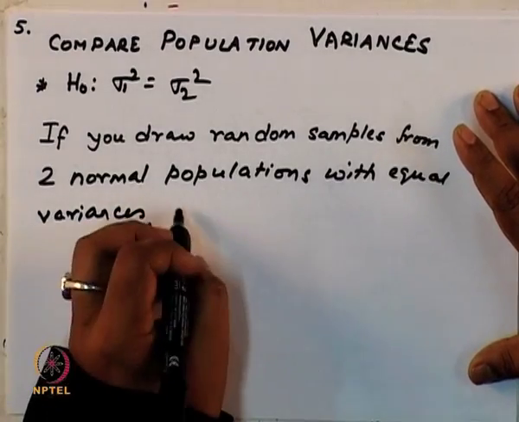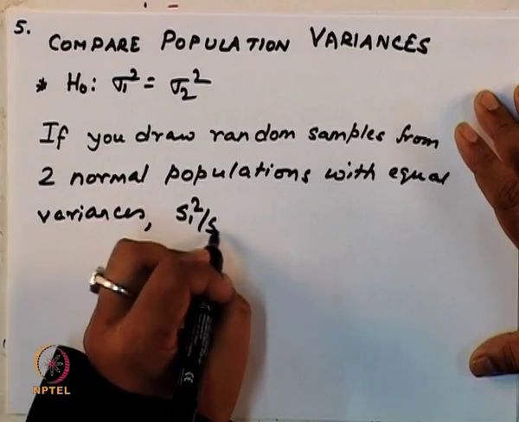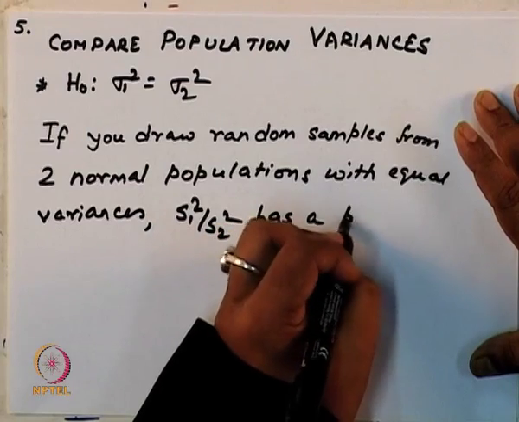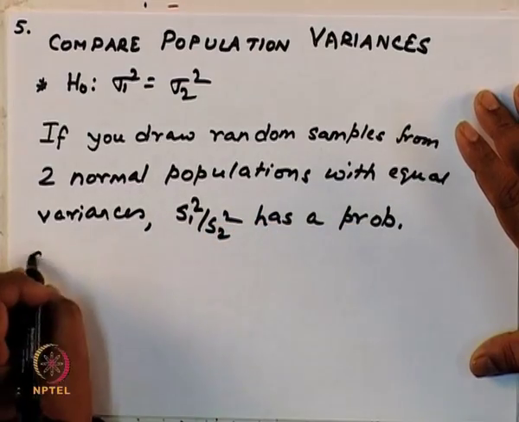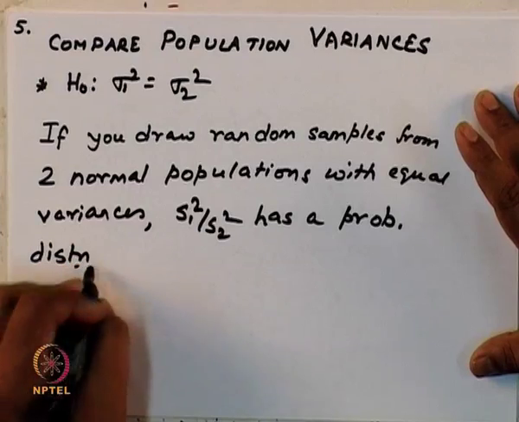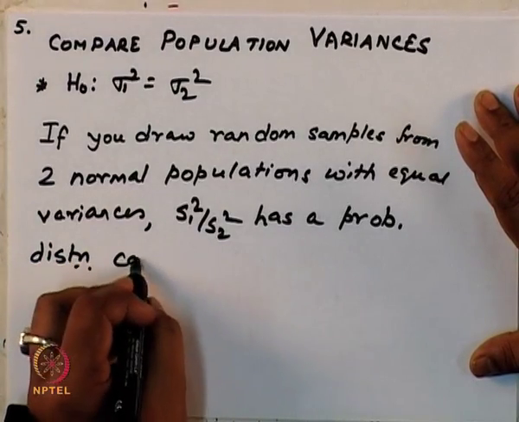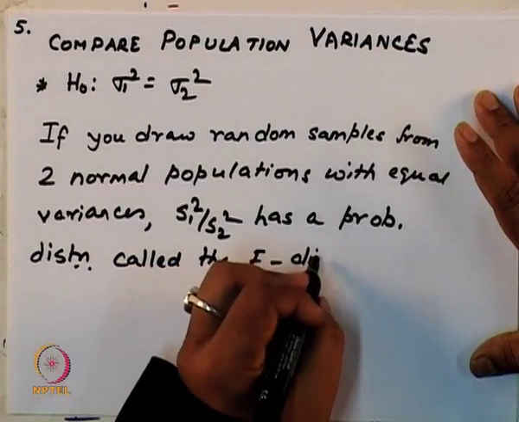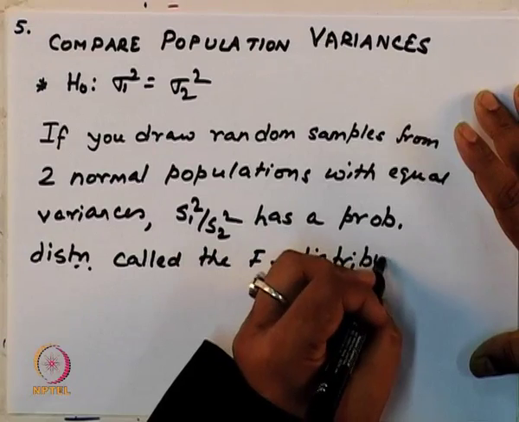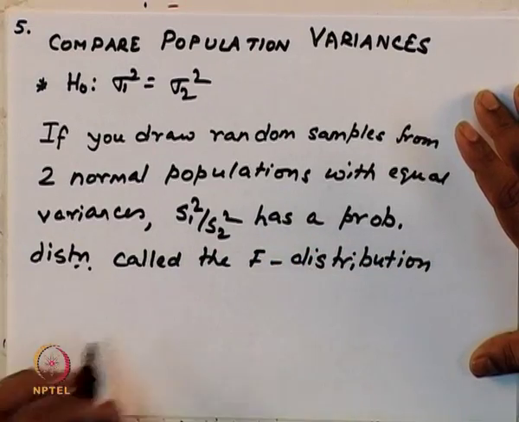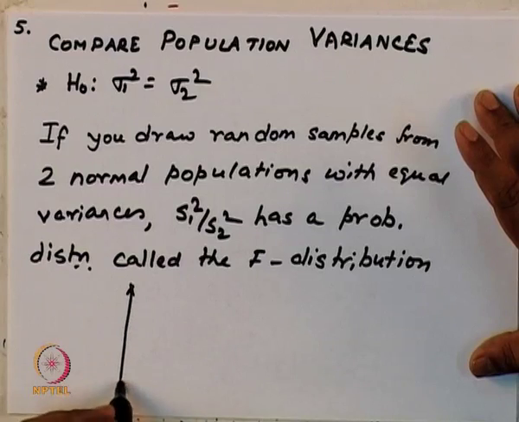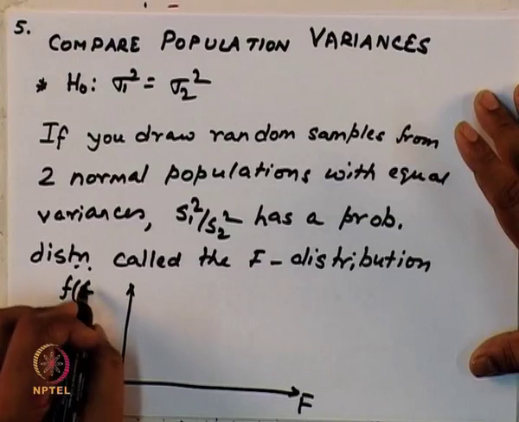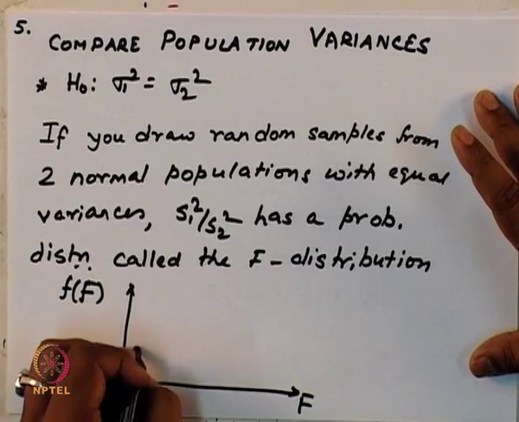Then the metric S1 square by S2 square has a probability distribution called the F distribution. Your F distribution, this is the metric F, looks something like this.